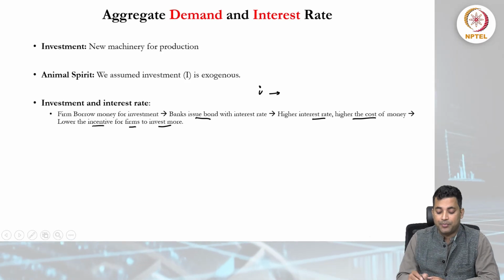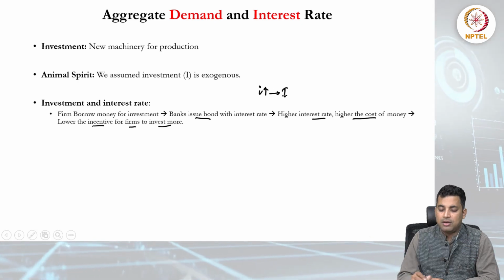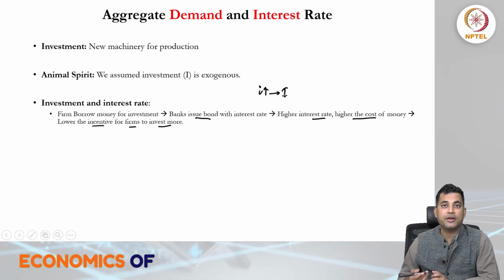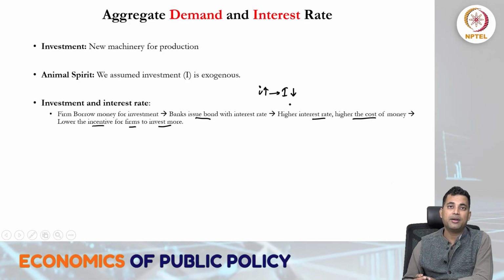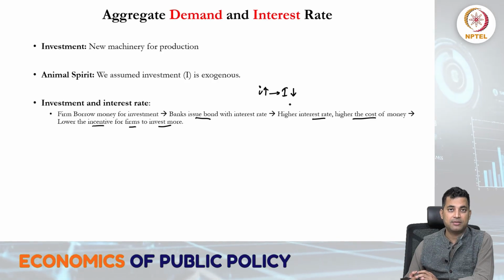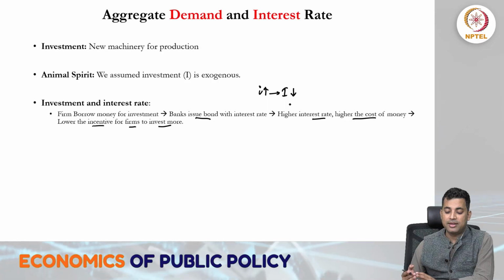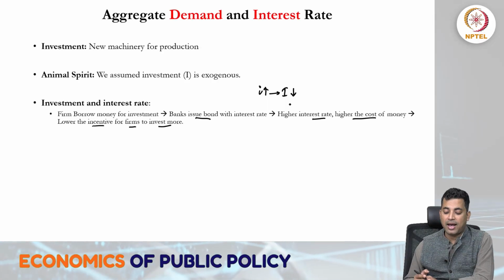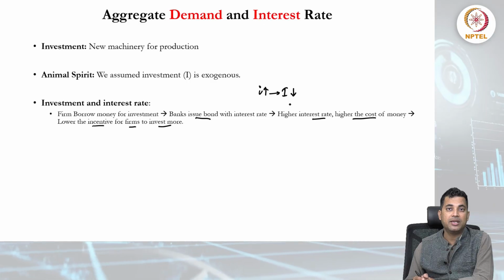If the rate of interest is very high, then borrowing money for investment purposes will be low. So here we see that in the case of investment in the aggregate demand function, the rate of interest and investment are inversely related.